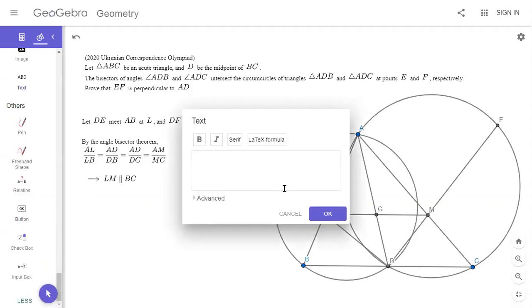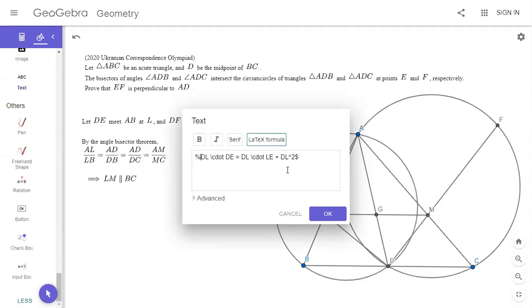So we wrote that DL times DE is equal to LD times LE plus DL squared.